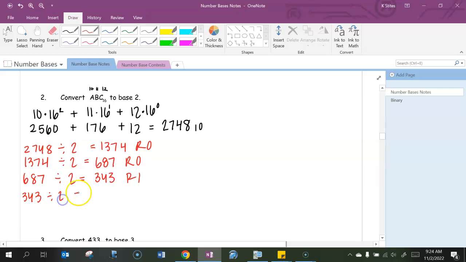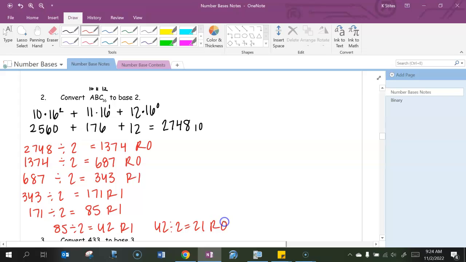Keep dividing. 171, remainder 1. Keep dividing. 85, remainder 1. Keep dividing. 42, remainder 1. Keep dividing. 21, remainder 0.